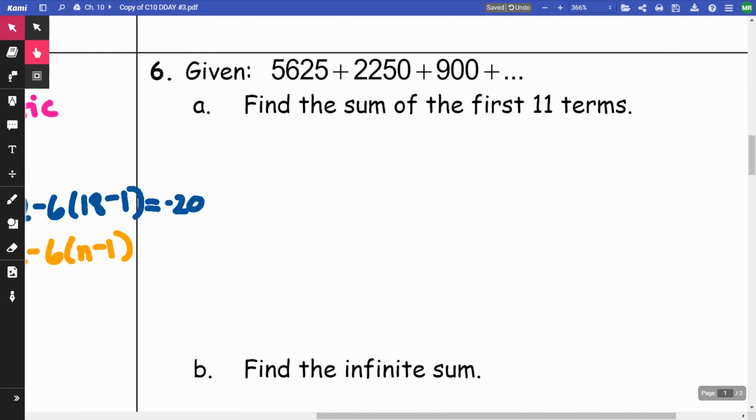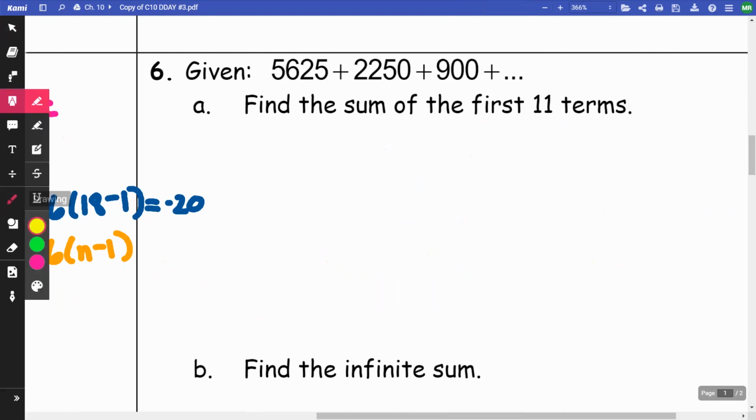On 6, this time, this one is looking like it might be geometric, because I'm definitely not subtracting the same amount each time to get from 5,625 to 2,250.